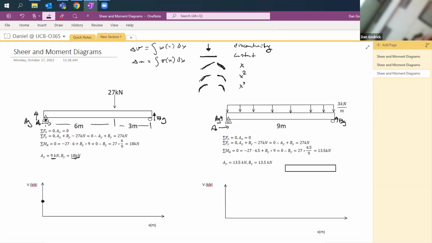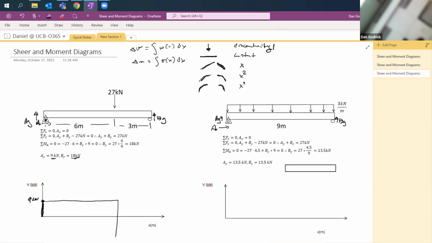So when we go to our discontinuity, when we have an applied load, that is a discontinuity. At the start, we go from 0 up to 9 kilonewtons. We stay at 9 kilonewtons for our shear force right up until the 27 kilonewtons is applied, and that is applied downward.